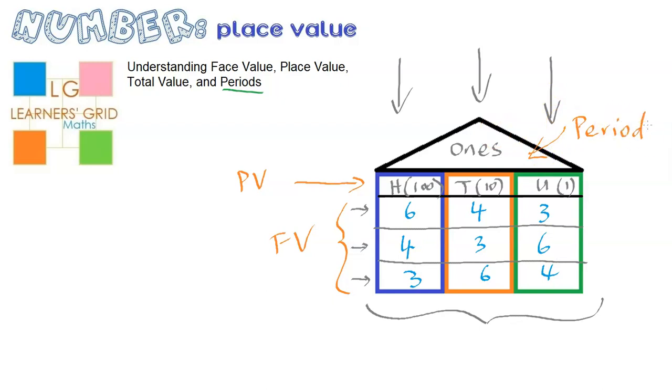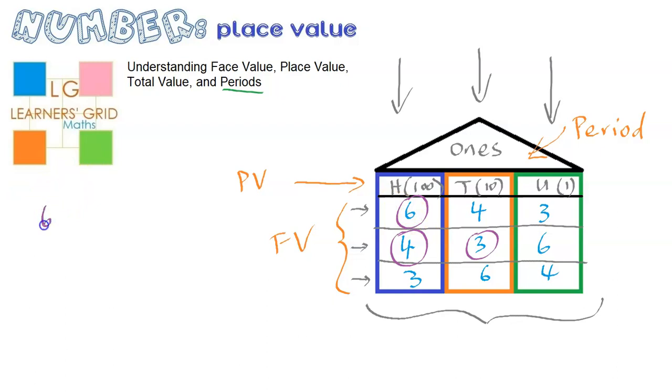So again, depending on where each digit is in relation to the place value, it will determine its total value. So I'm just going to circle a few digits.